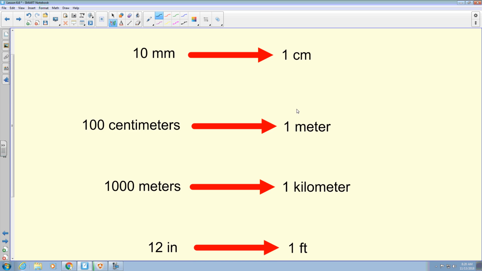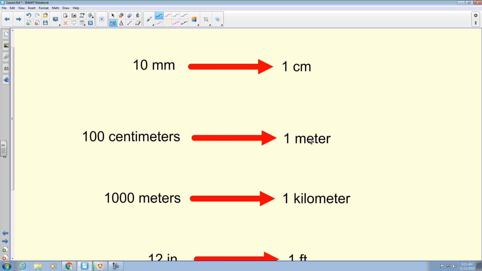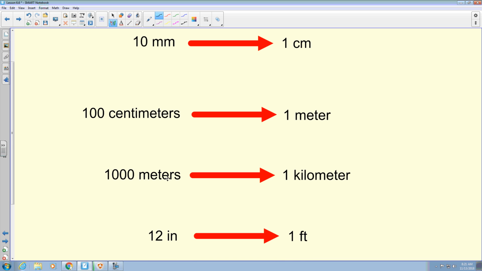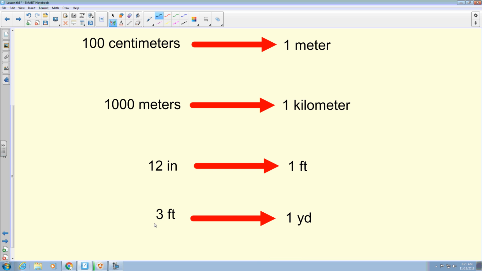And then to finish up, these are just some unit conversions that may help you throughout the course of being able to solve these problems to determine different scale factors and whatnot. 10 millimeters is the same as 1 centimeter, 100 centimeters is the same as 1 meter, 1,000 meters is the same as 1 kilometer, 12 inches is the same as 1 foot, 3 feet is the same as 1 yard.